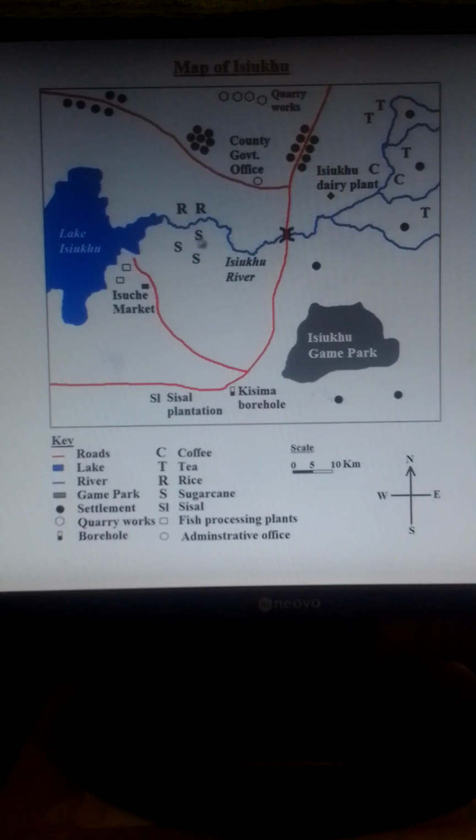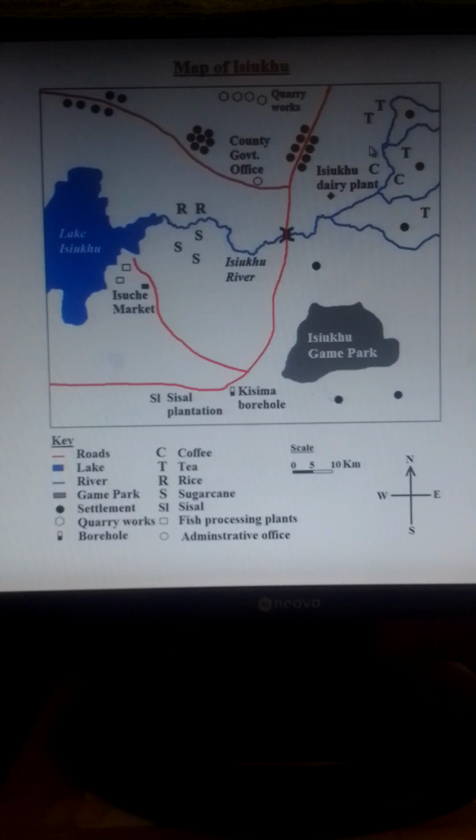So we also have sugar cane around this area, and on this upper part of the area we have T, because T is indicated to mean tea here, and we have C, which shows that it is coffee. So we have tea and coffee, which is grown in this area.